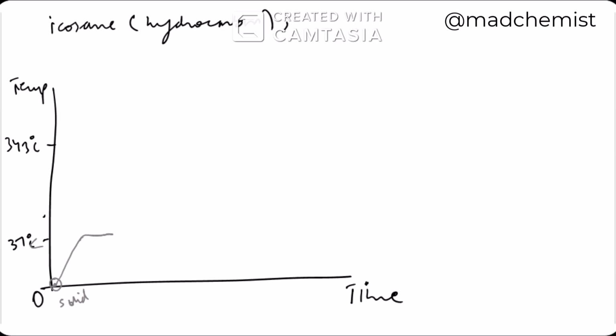Slowly with time, at the same temperature, the whole solid icosane is converted into liquid icosane, and then when it converts completely into liquid form, the particles again absorb energy and start converting into vapor form, and slowly at this specific temperature, the whole liquid icosane converts into gaseous icosane.